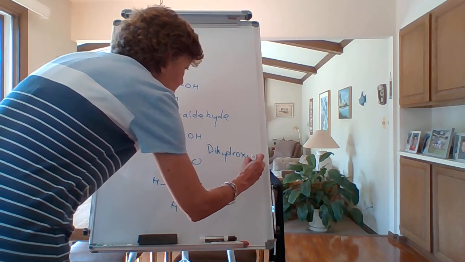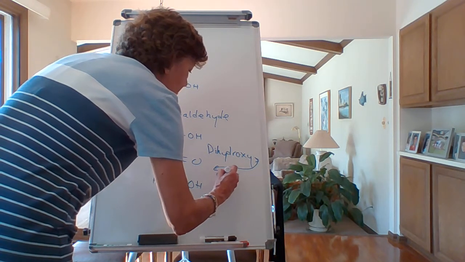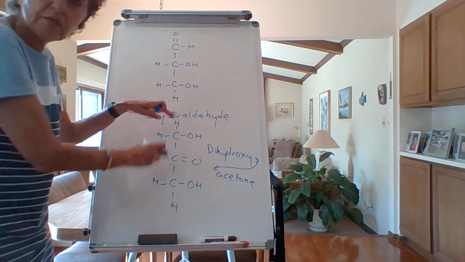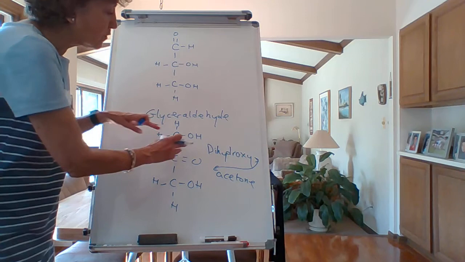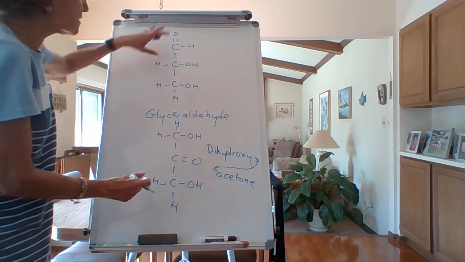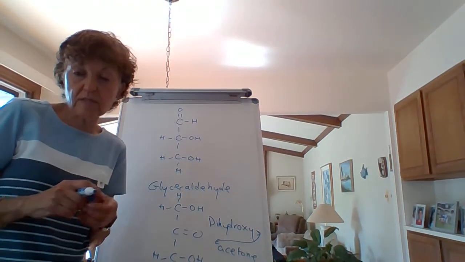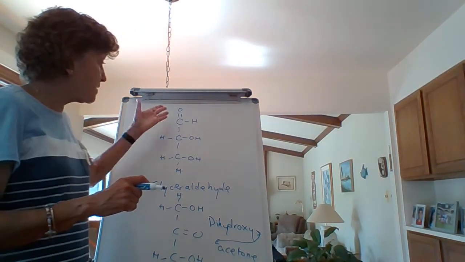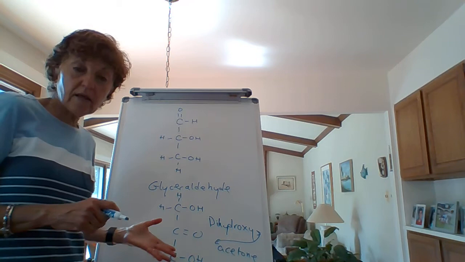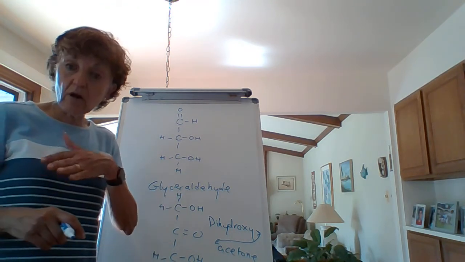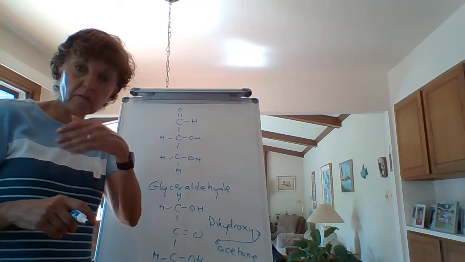This is all one word. Acetone. Sorry about that. Remember, acetone was a 3-carbon ketone. So this is called dihydroxyacetone. This is called glyceraldehyde. These are the 2 trioses I need you guys to know. One is an aldotriose. One is a ketotriose. We're going to see both of them in glycolysis later on in the semester.